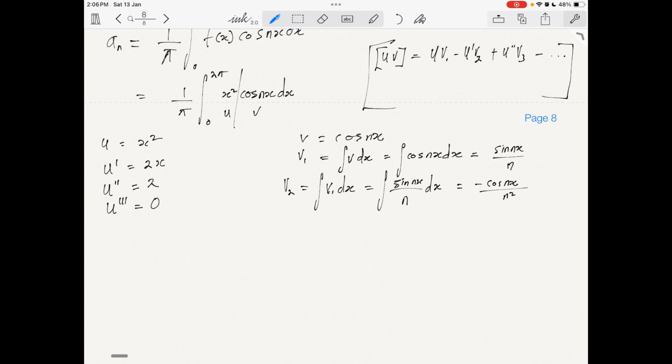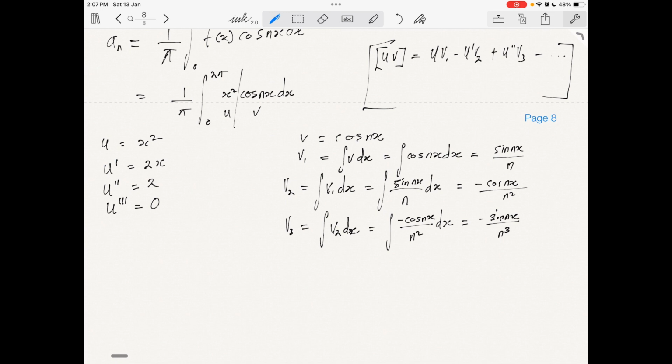We've established these things in the previous videos. And v3 will be integral of v2 dx. That will give us integral of minus cos nx over n squared dx, and this will give us minus sin nx over n cubed.